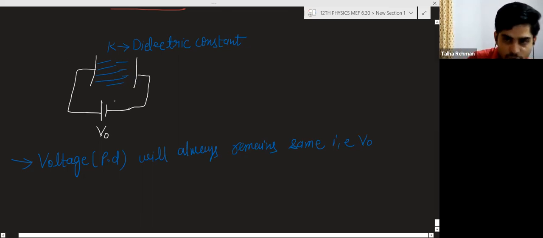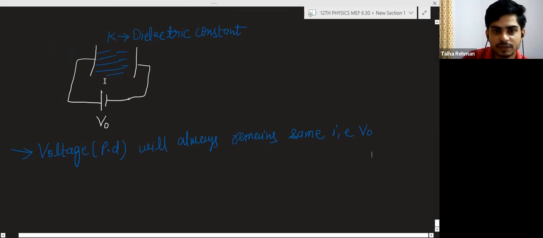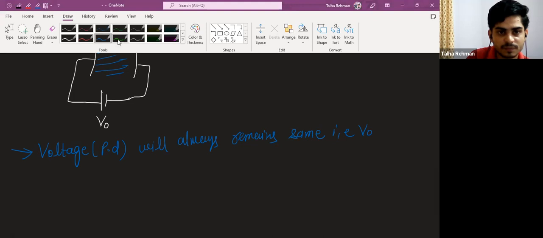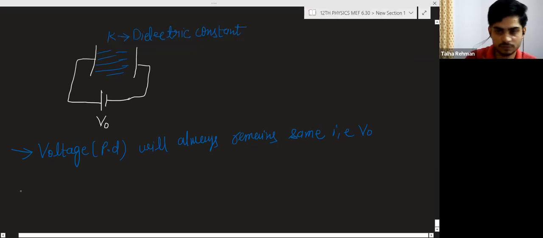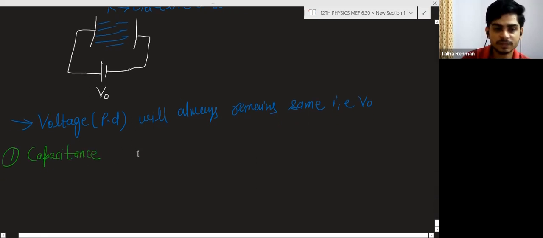So if I want to calculate the capacitance, now there is a medium in between, so I am representing the capacitance as Cm, and we have a formula of capacitance.